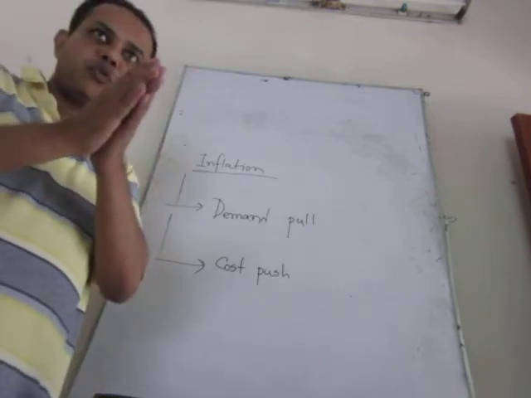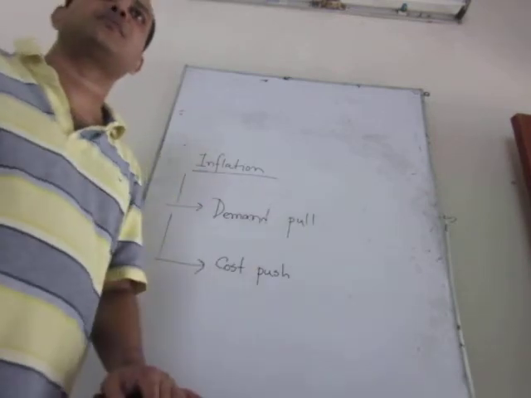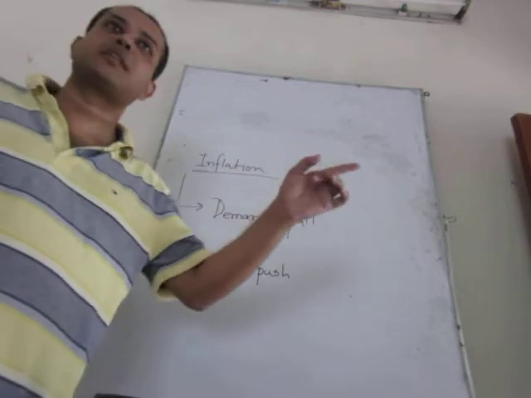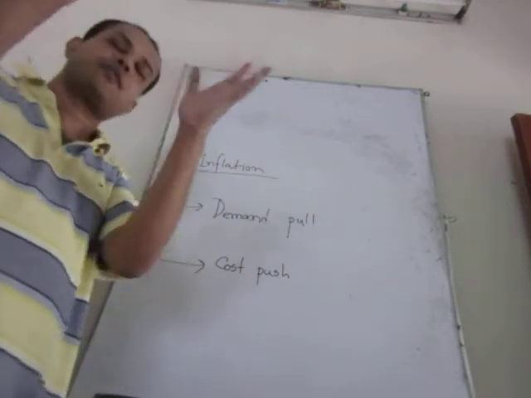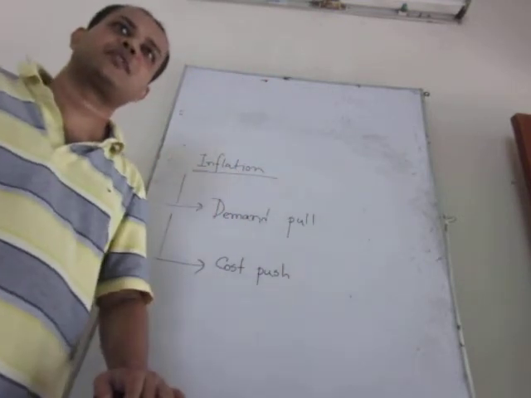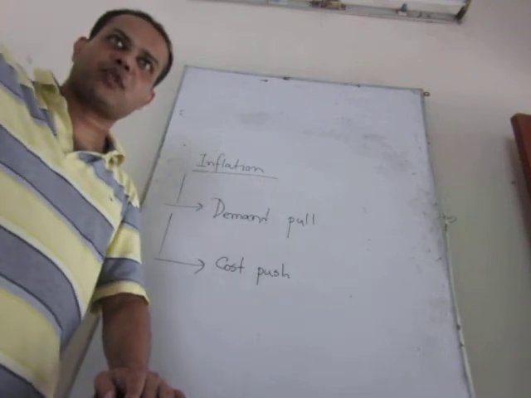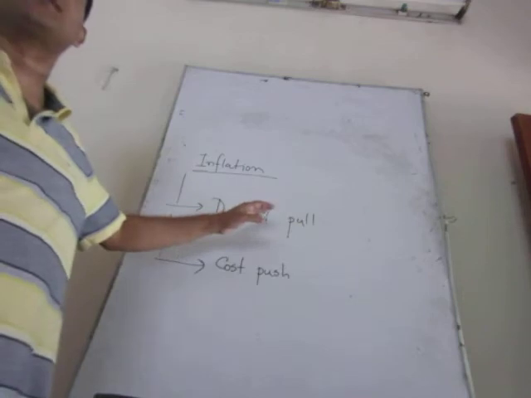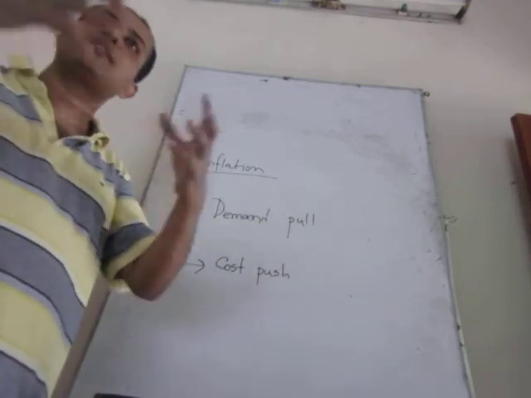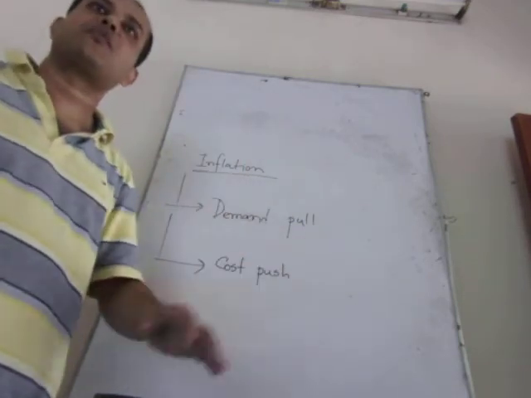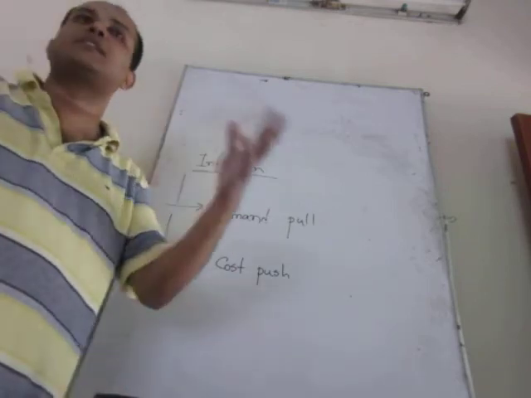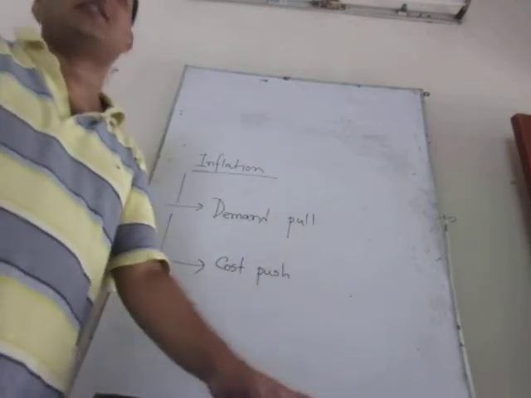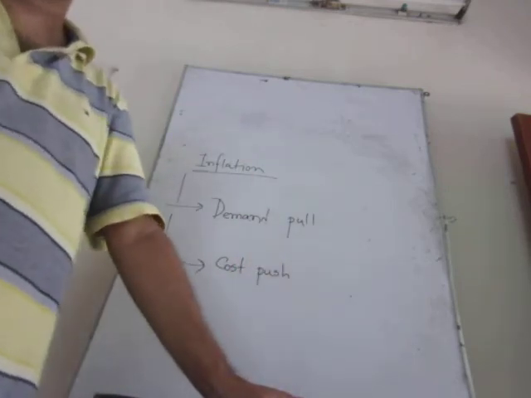That's why the company needs to go for massive production. If massive production is there, you need a huge amount of labor forces. So your demand for labor forces will rise, and the rise in demand will obviously increase the price of labor. If you want to increase the production, you need a massive amount of raw material. When you need a massive amount of raw material, obviously the cost of raw material will rise.